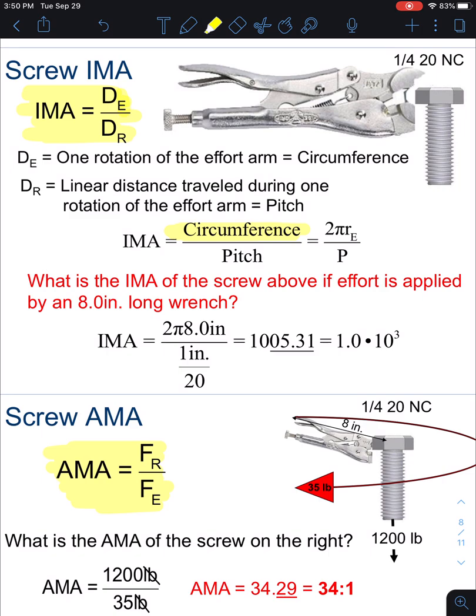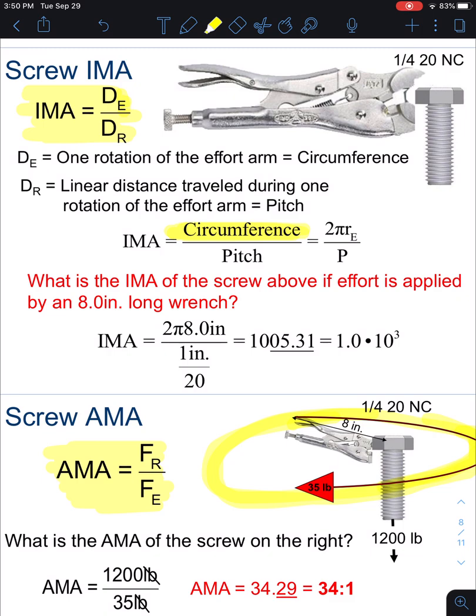Here's a wrench attached to a screw, and if you turn it one full turn, it doesn't look like a great circle, but it actually makes the shape of a circle.